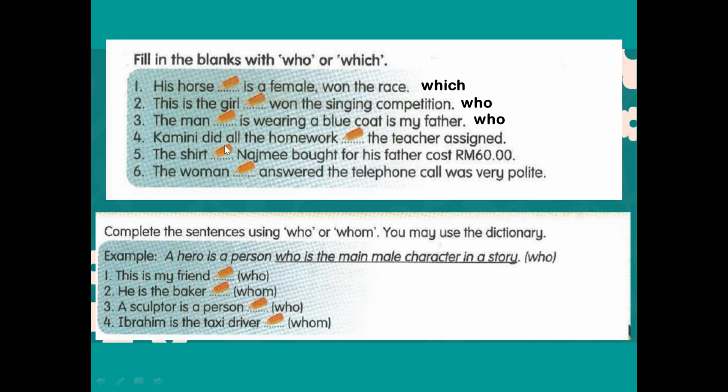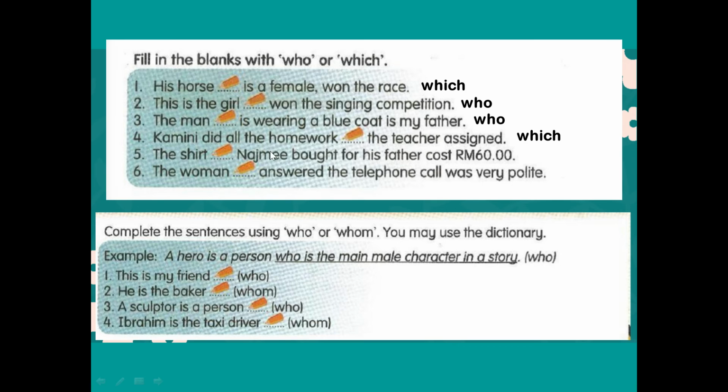Kamini did all the homework the teacher assigned. Okay, this can be tricky because there is a person here, Kamini, and then there is homework. But when we talk about assign, okay, what kind of assignment? The homework. So it actually refers to the homework. So homework is a thing, then we use which.